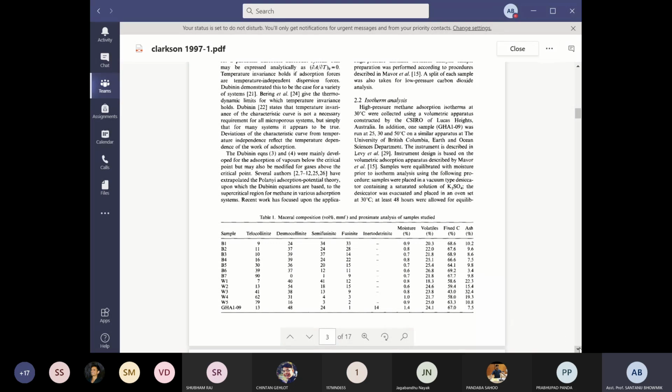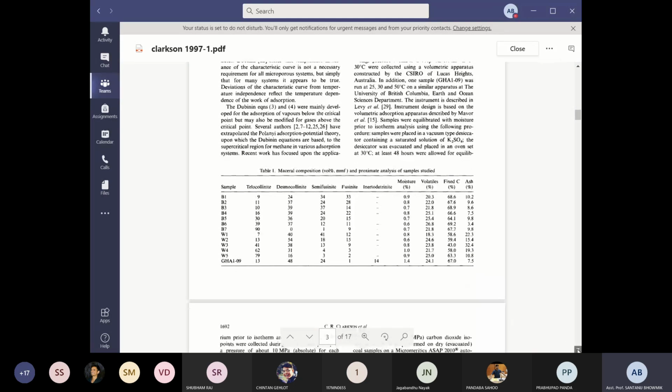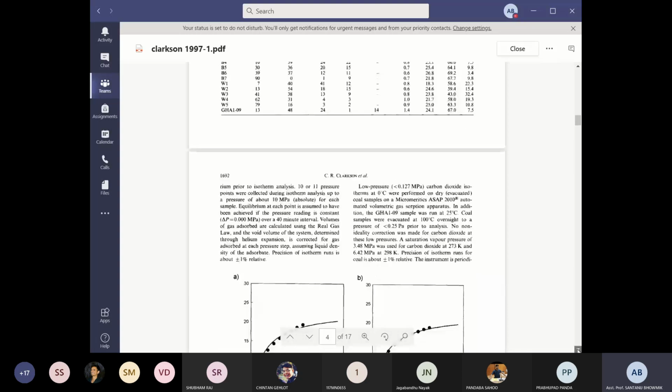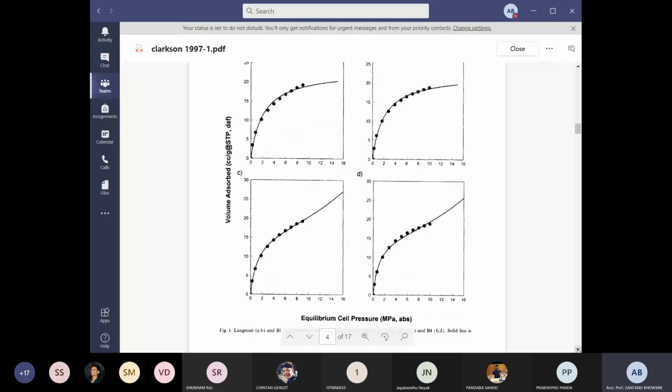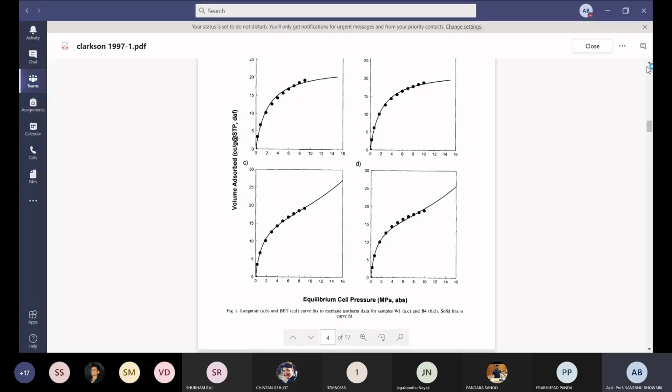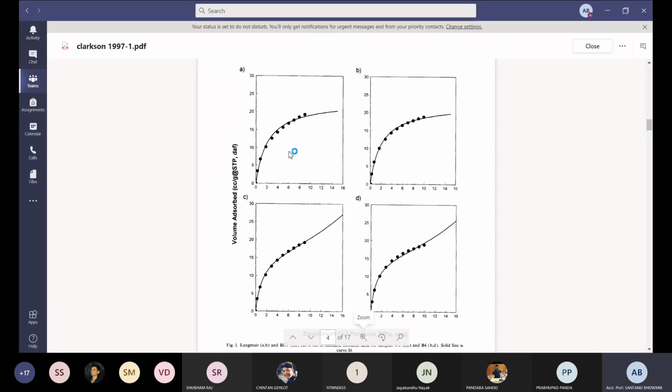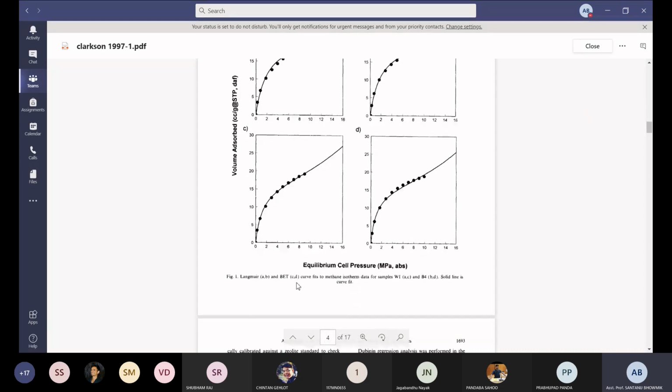Now with this sample information, first let us see how the adsorption is going to vary. So this is the adsorption graph. You can see this. This is for the same sample. You can see the legend of the figure, Langmuir and BET graphs. AB is for the Langmuir and CD is for the BET graphs for 2 samples.